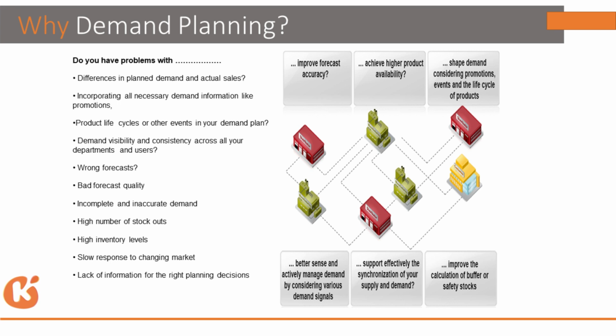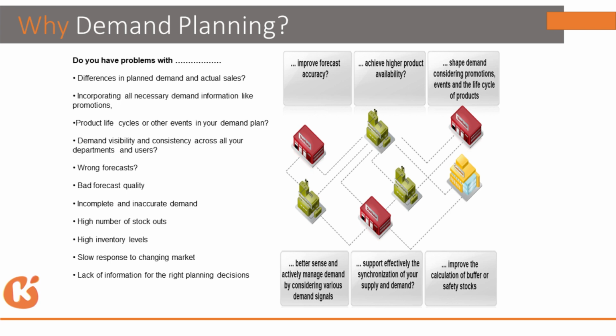In demand planning, we need specific software, or maybe some companies use Excel also for the forecasting process. They use Excel or some legacy systems, or we recommend SAP APO demand planning.